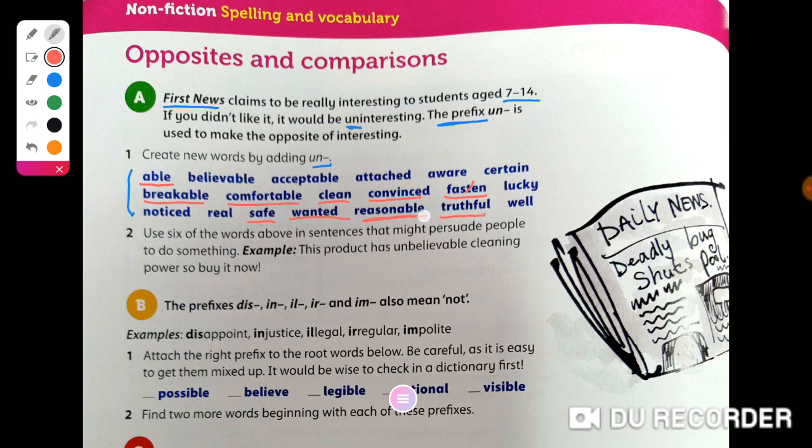So, reasonable means not excessive or extreme. It makes sense. Reasonable. Something that you can reason. Truthful, someone whom you could trust, who says the truth. Well, all right. I'll write some sentences with you using these words.